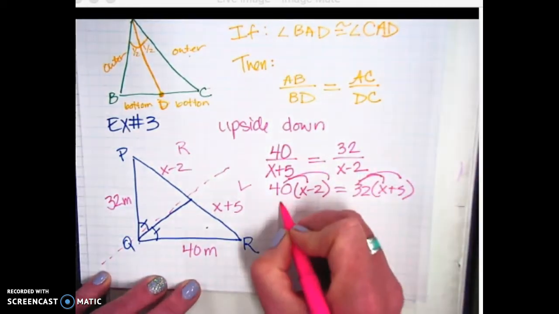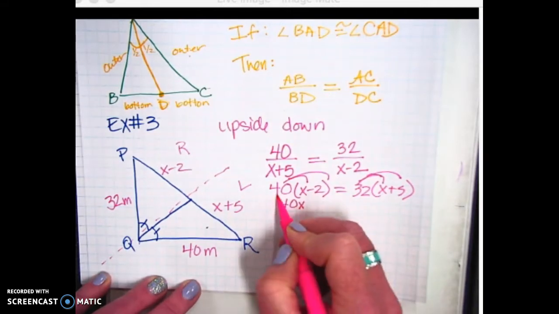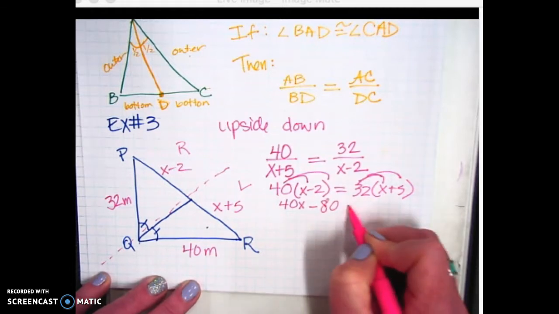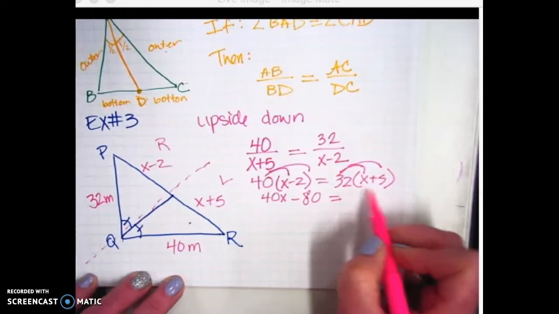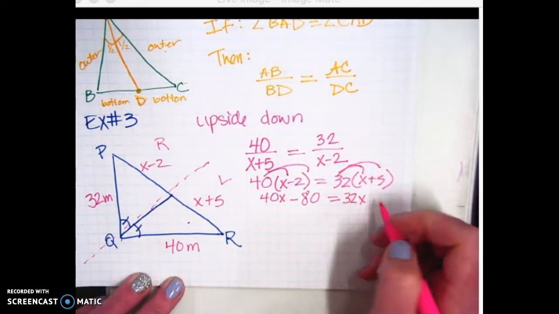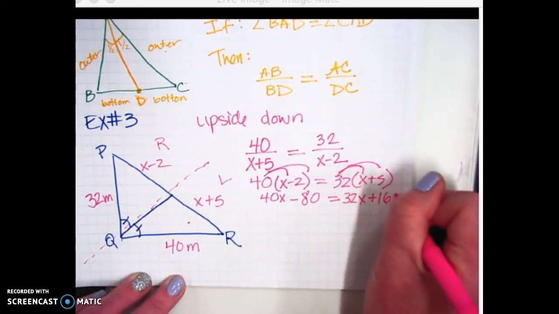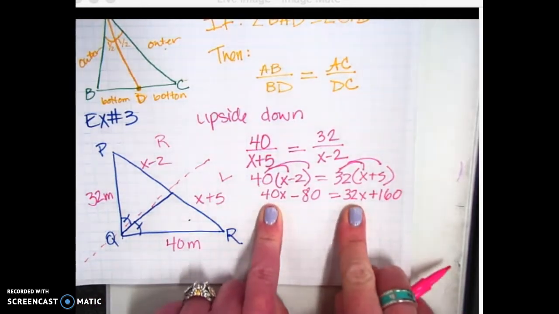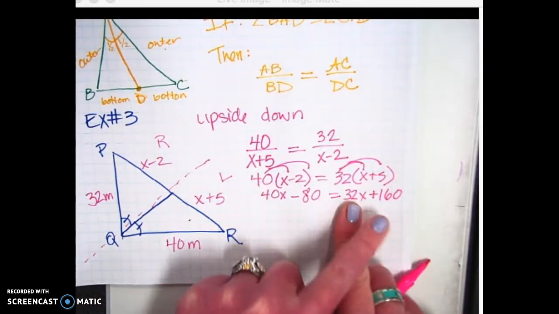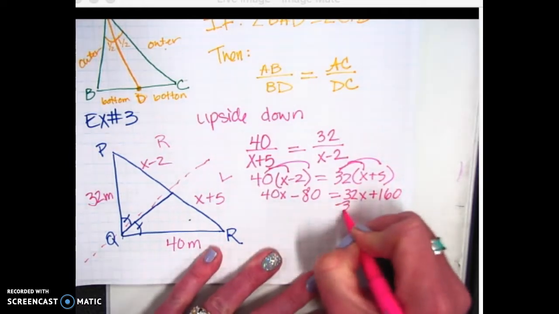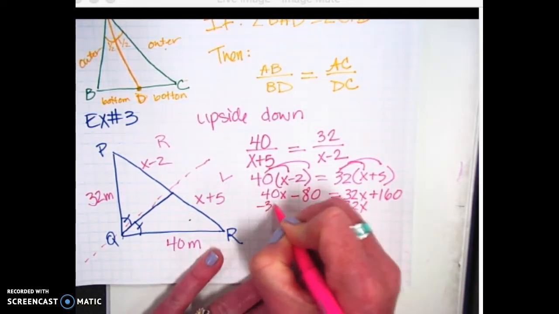So 40 times x is 40x. 40 times negative 2 is negative 80. On the right, 32 times x is 32x. And 32 times 5, I got 160. I have variables on both sides, so I need to move it to one side or the other. So I look for the smaller one, and this one's smaller. So I'm going to subtract 32x from both sides.